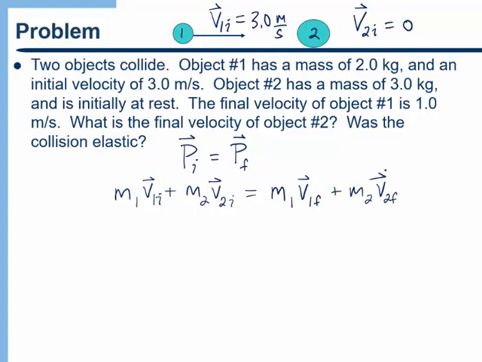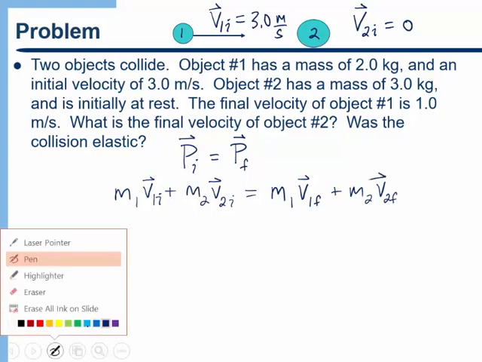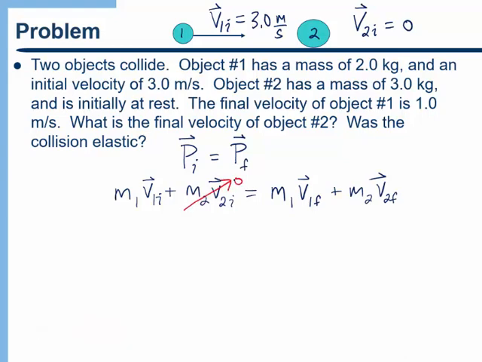Now, in this particular problem, we're given information that object 2 is initially at rest. So we can get rid of that term. And solving for v2 final, I get m1 v1 initial minus m1 v1 final, divided by m2.